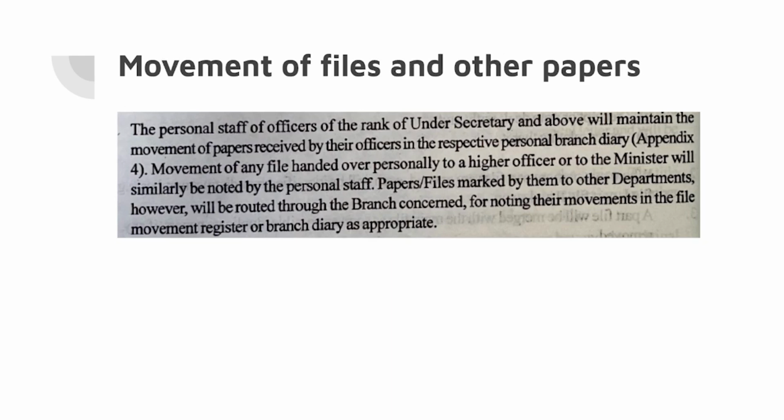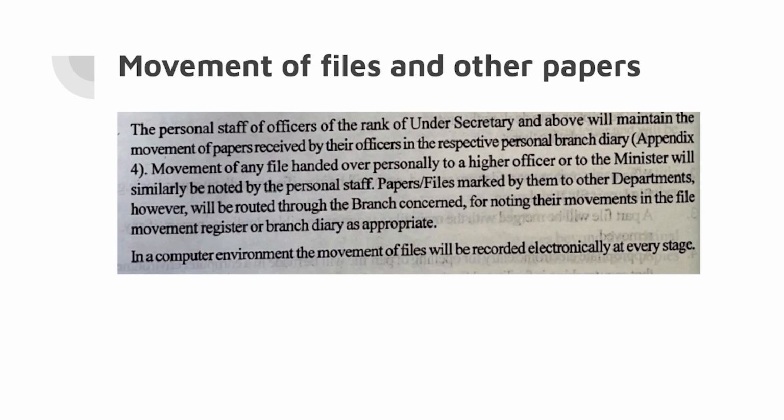Papers or files marked by them to other departments, however, will be routed through the branch concerned for noting their movements in the file movement register or branch diary as appropriate. In a computer environment, the movement of files will be recorded electronically at every stage.